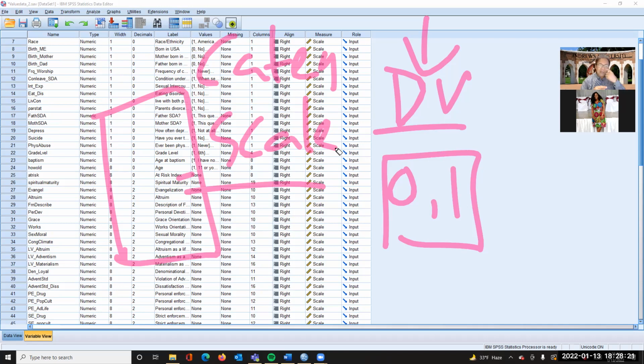In other words, we will be using regression analysis, using predictors that are categorical and scaled or continuous, but the dependent variable will always be dichotomous, zeros and ones.